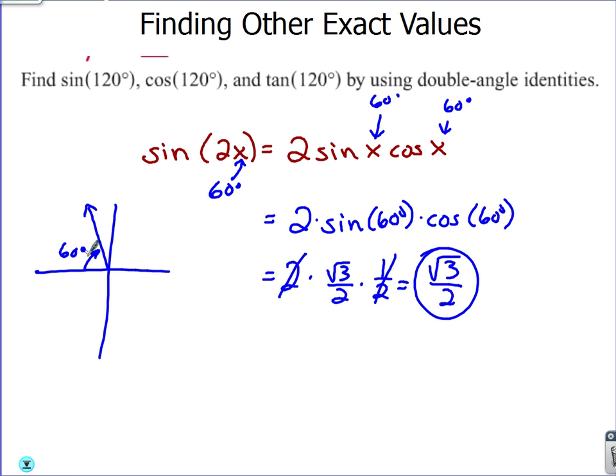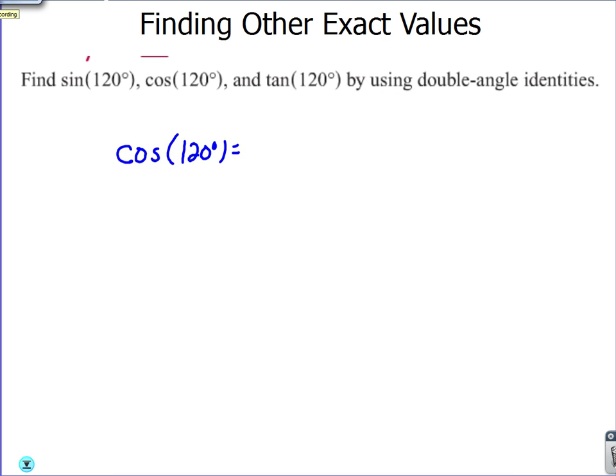Cosine of 120. We do know that that's equal to the cosine of 2 times 60, which fits perfectly into our double angle identity.